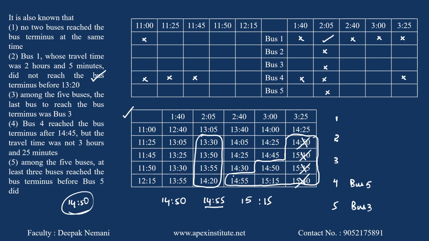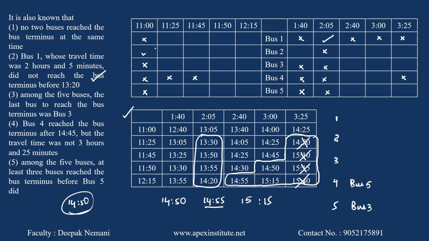Clear? So I can say that you cannot have bus 5 starting at 11 o'clock and the travel time of bus 5 cannot be 1:40 and 25. This is also not possible. Now, since we have bus 3 reaching after bus 5, you cannot have bus 3 starting at 11 o'clock, and the travel time of bus 3 cannot be 1 hour 40 minutes as well.